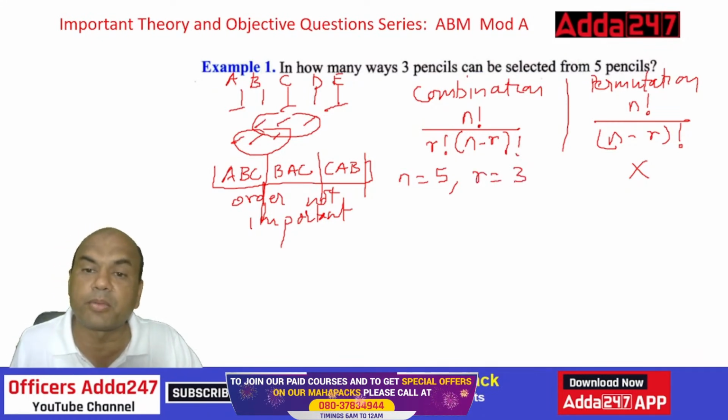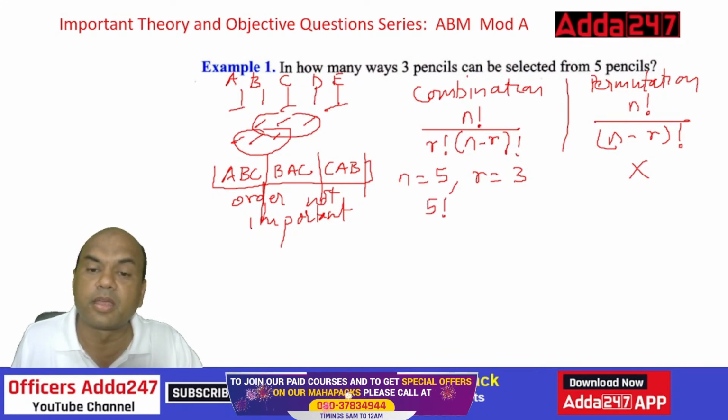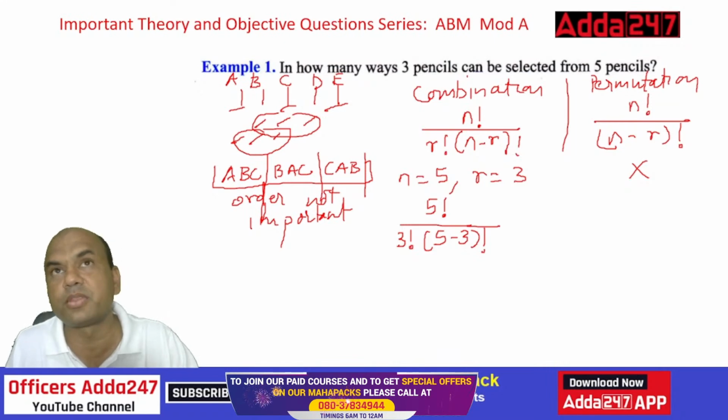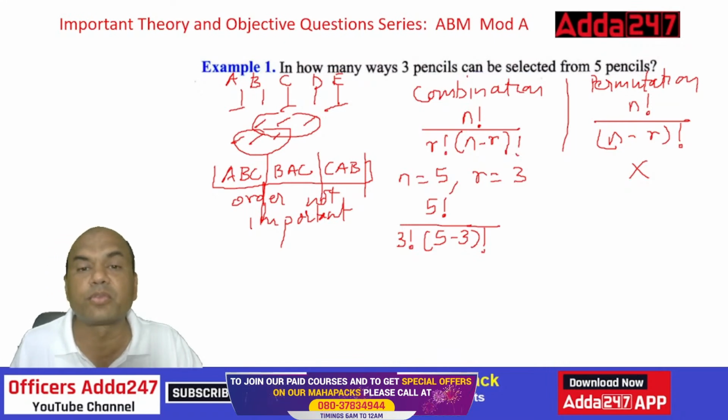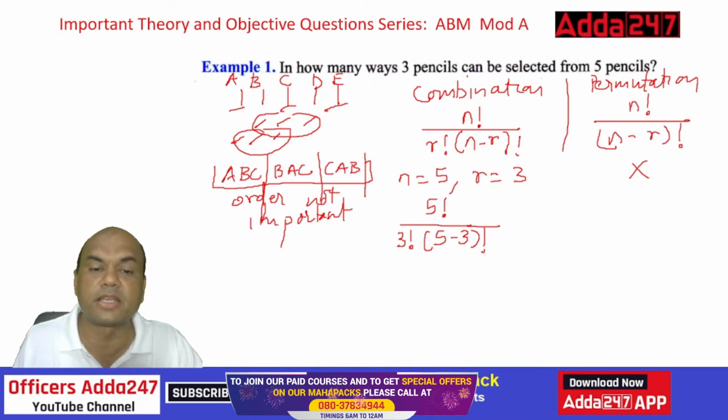So what is my formula now? It becomes 5 factorial divided by 3 factorial into 5 minus 3 factorial. Okay. So what is the answer over here? 5 factorial means what? Factorial means what? Suppose I say 2 factorial, it means 2 into 1.